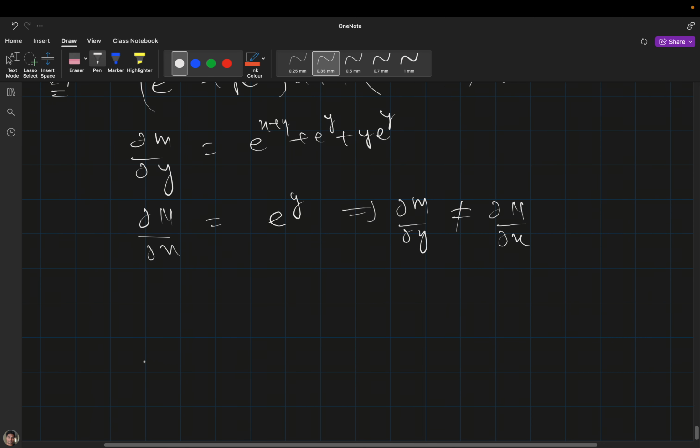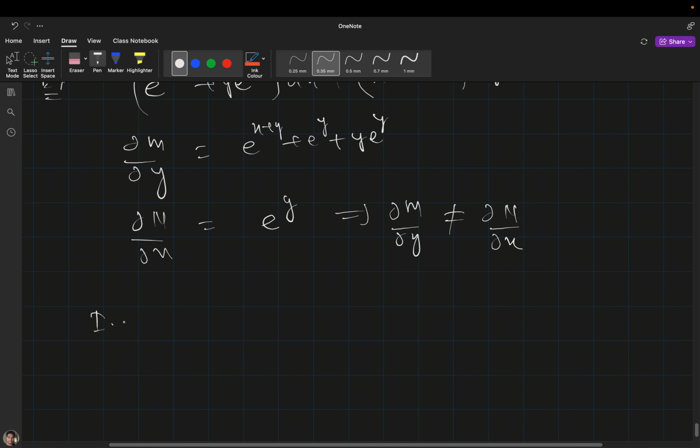So what will I do? I will find the integrating factor, and what is that? e raised to the power ∫ 1/M (∂N/∂x − ∂M/∂y) dy. I take the second condition.